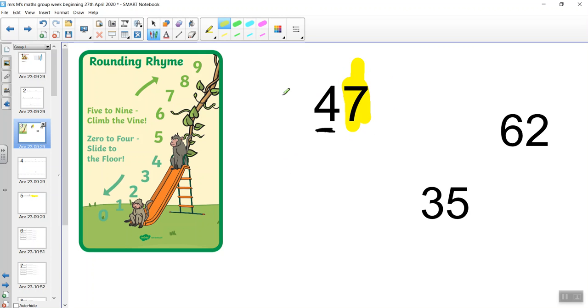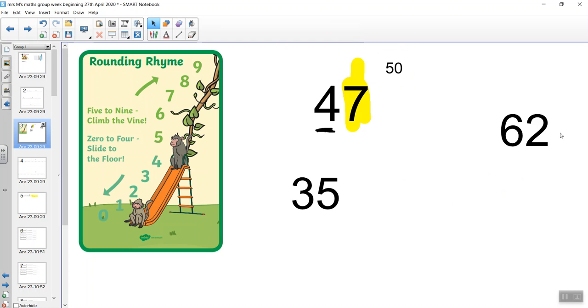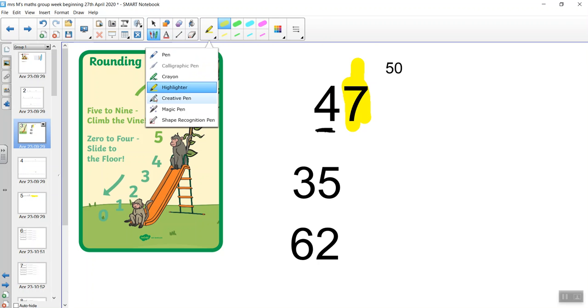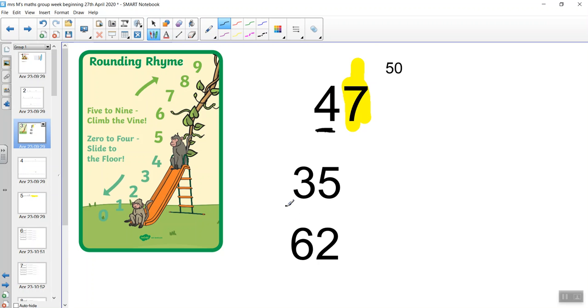So looking at my number 47, if I rounded it to the nearest 10, I'd round it to 50. So have a go at the next two numbers here, 35 and 62. Remember, we're rounding to the nearest 10. So this is the place that we're rounding to, the tens place.